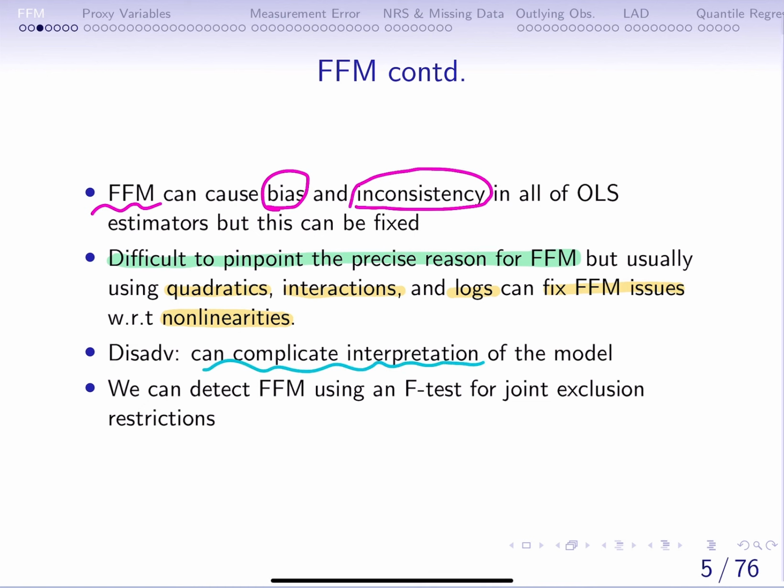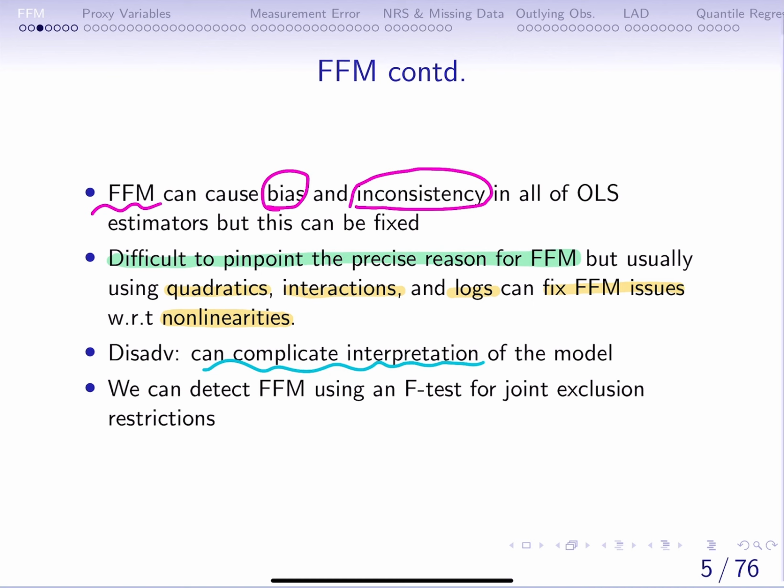So maybe you want to go back to some of the videos from previous chapters where we talked about how we capture the partial effect that x has on y when x is interacting with other variables, or x is incorporated in quadratic form or log form. So it can sometimes complicate the interpretation of the model. And one other problem is, do you really want all of your variables to appear in quadratic forms, or do you want to interact all your variables with other variables, or just some of them?